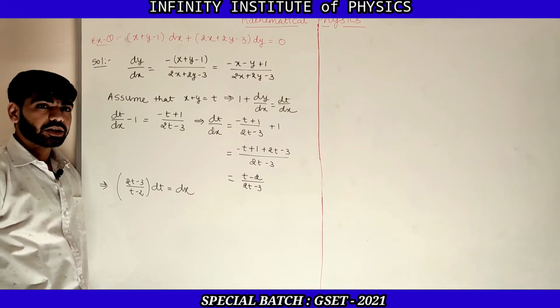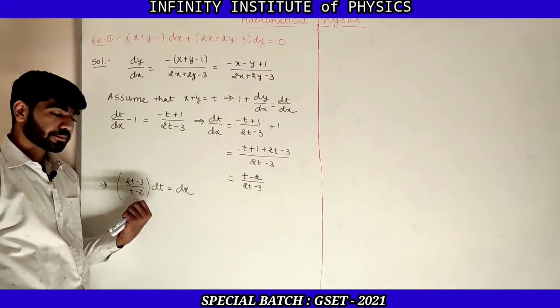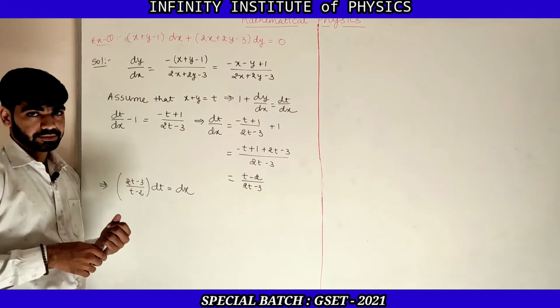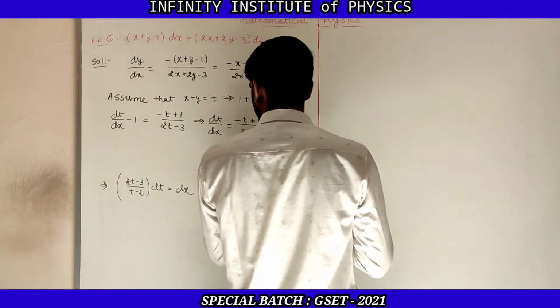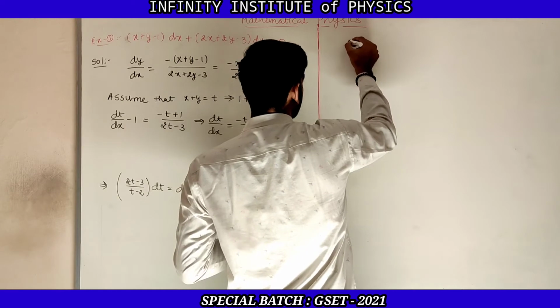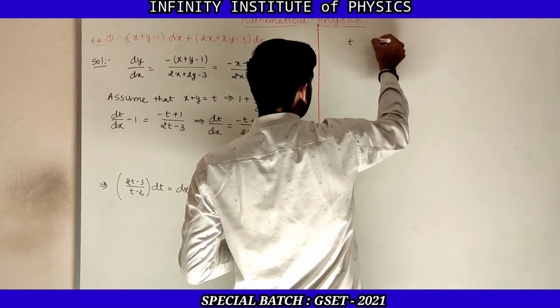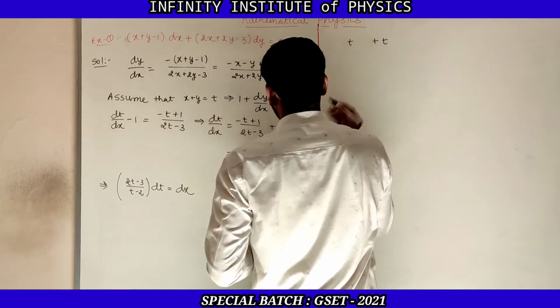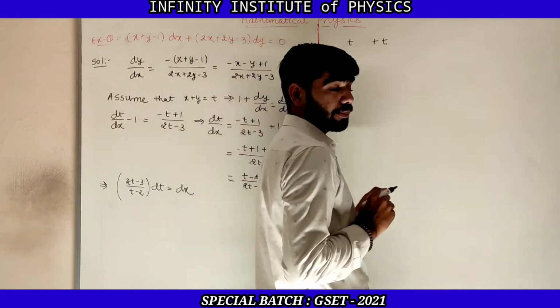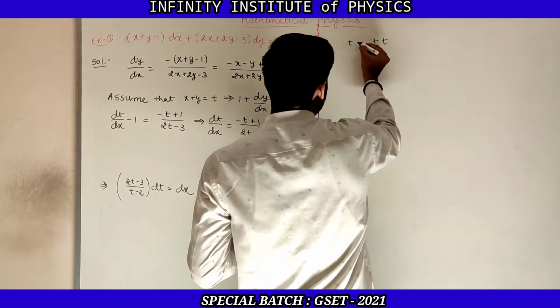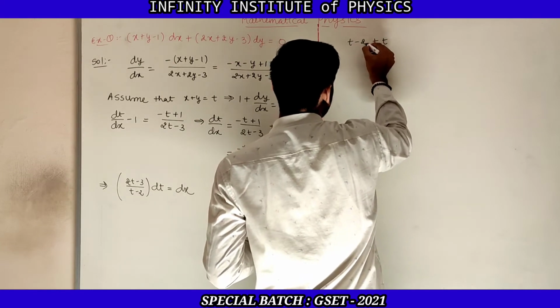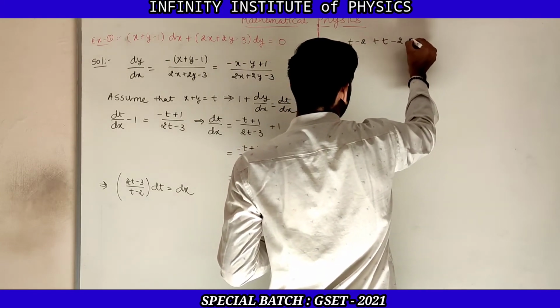First of all you need to convert this into another form. So let us rewrite it. 2t is written as t plus t, and minus 3 can be written as minus 2 plus 1.